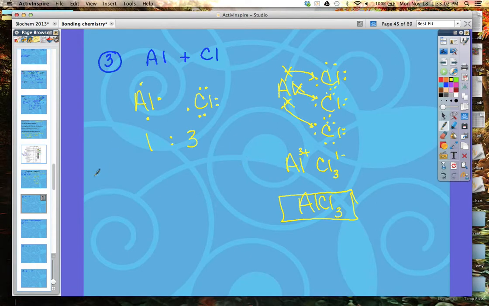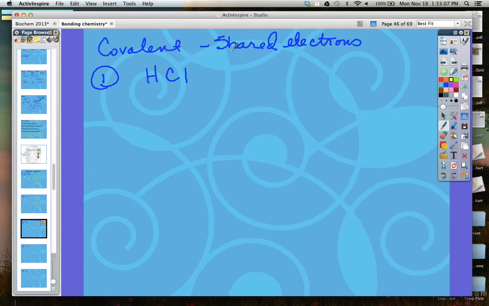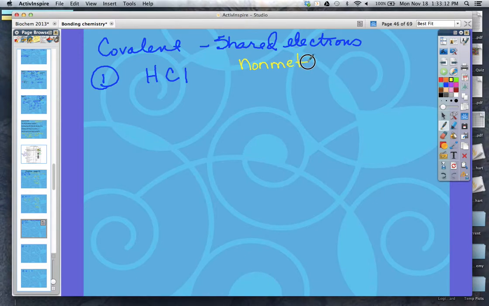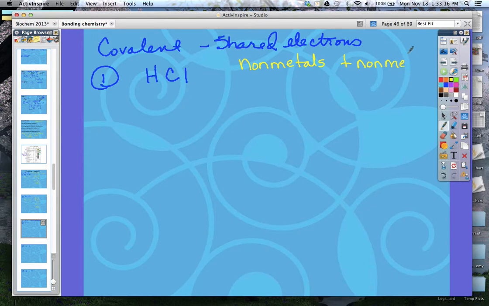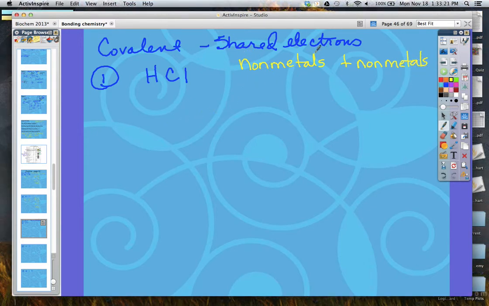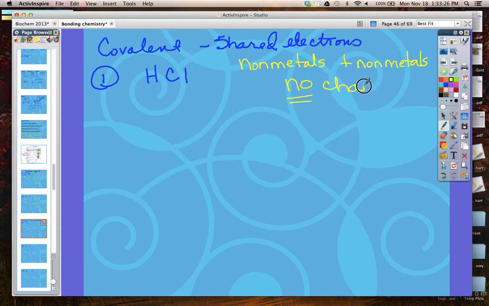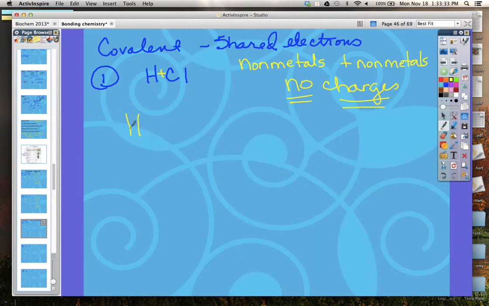Now, for covalent compounds, those are a little bit different. If I look at a covalent compound, I'm talking about nonmetals plus nonmetals. And these are sharing their electrons, so there are no charges. Do not put charges on anything. No charges. If I look at H plus Cl, hydrogen has 1 electron and chlorine has 7.